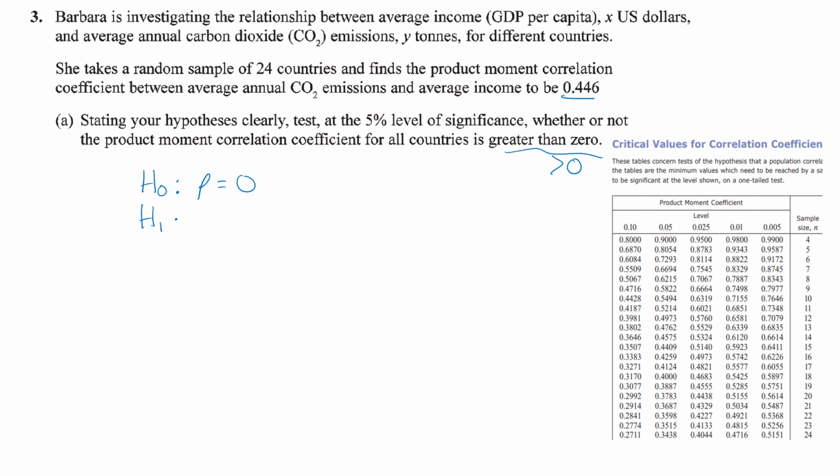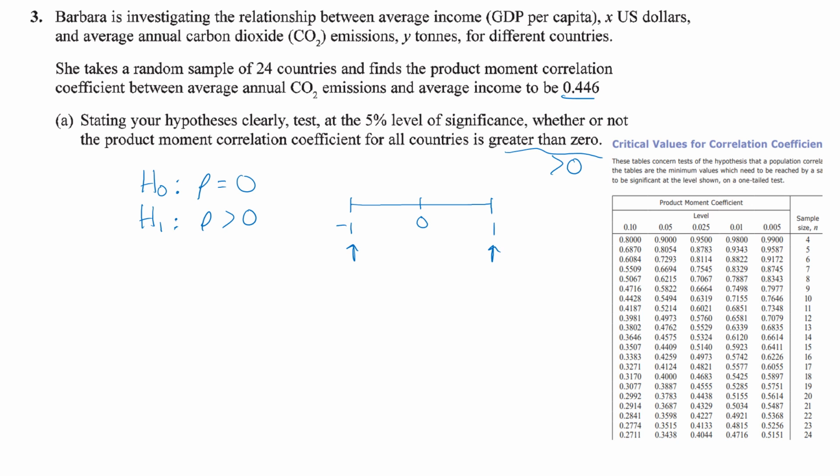So H1, because it says greater than 0, we're testing to see whether rho is positive, so greater than 0. Now if you think about the scale of correlation coefficients, they go from -1 to 1. At -1 we've got perfect negative, at +1 we've got perfect positive. So in the middle 0 is no correlation.